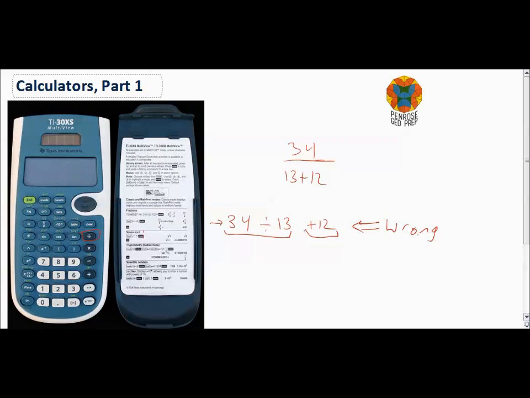So what we need to type is this: 34 divided by, in parentheses, 13 plus 12. And the way that goes on the calculator is you type 34, then divides, and then you open your parentheses, and then you type 13 plus 12, and then you close your parentheses.